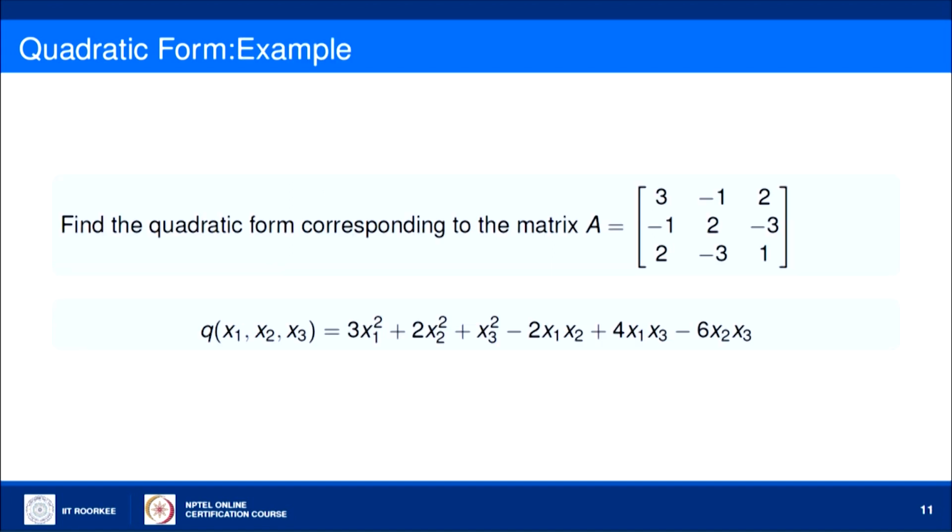For example, if a matrix is given to you and someone asks you to find the quadratic form of this matrix. Let A be given to you, which is 3, minus 1, 2; minus 1, 2, 0; and 2, 0, 1.